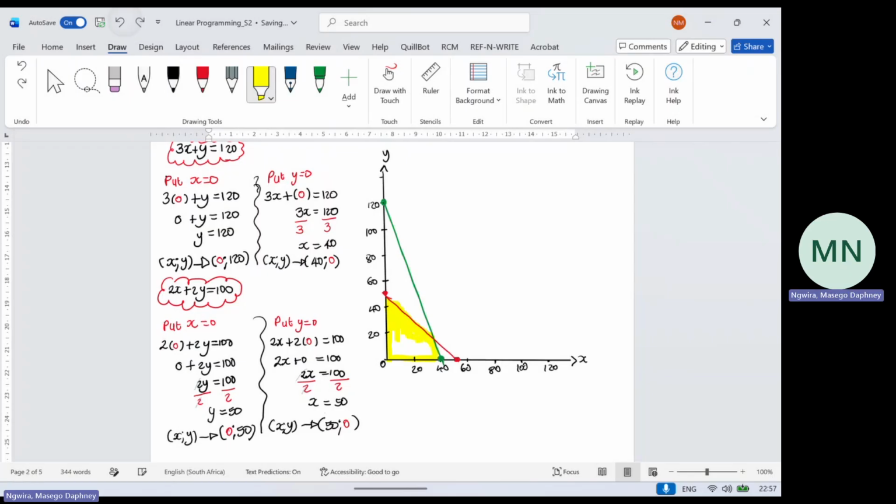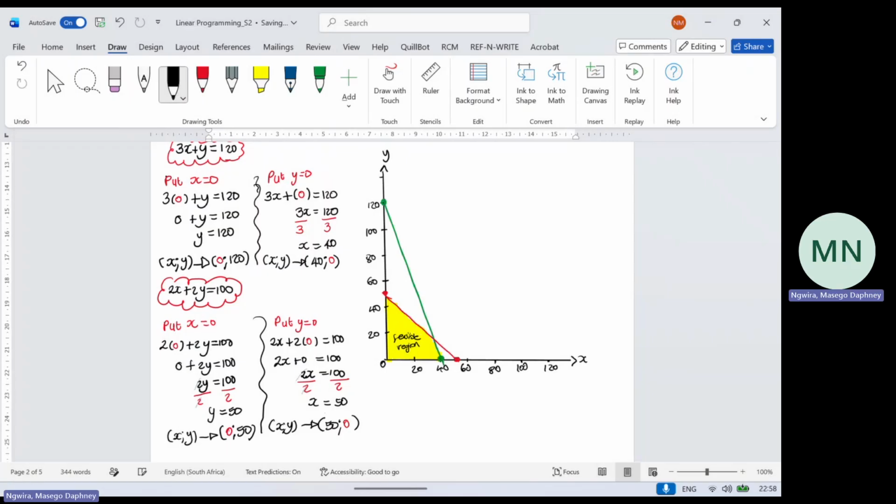I'm trying. Okay, so this is the feasible region. It's not accurate, but it's fine. I tried. So this is what you call a feasible region.